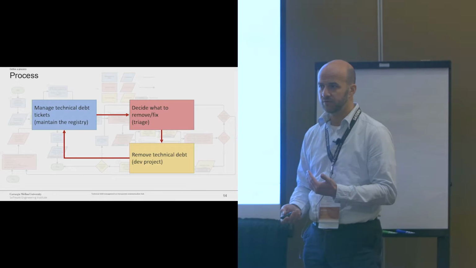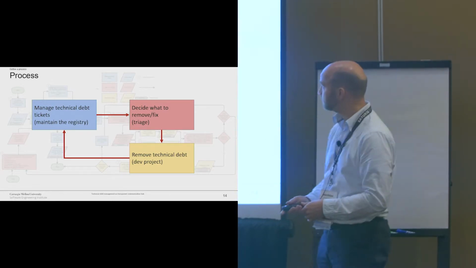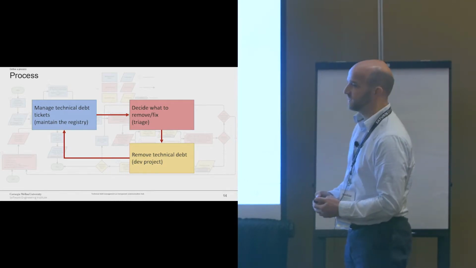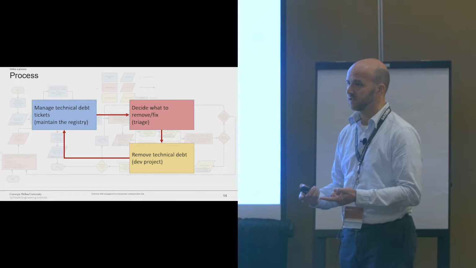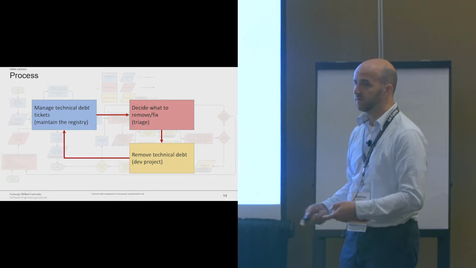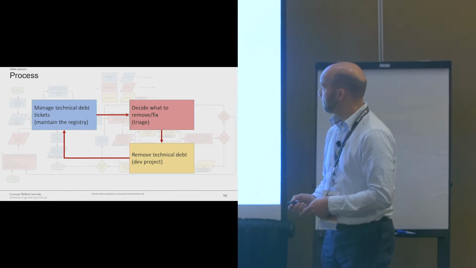At the end, we are able to communicate on the basis of those tickets. The red one is then the triage process to decide which technical debt needs to be fixed in the next release cycle and the next development cycle.